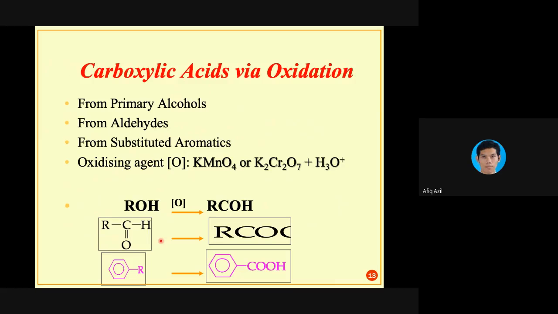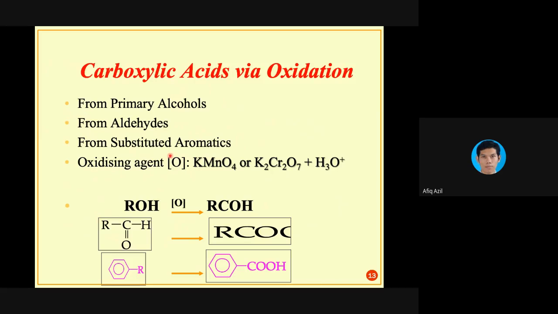Okay, the first method is basically via oxidation. So there are a few methods which have been listed just now that actually proceed via oxidation. That means you are going to oxidize a few types of organic compound to obtain the carboxylic acid, and this reaction will require the use of an oxidizing agent.